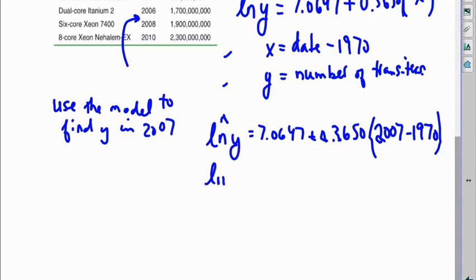Punch that in the calculator. Natural log of y. That comes out to be, and this right here is 37, so when I punch that in, I get 20.6. So how do I solve this for y?